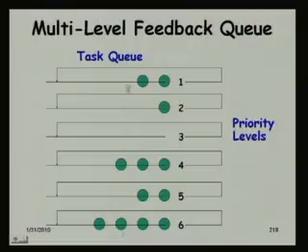So, in a multi-level feedback queue, what we have is we arrange the tasks in different queues in their priority order. So, 1 is the highest priority, 6 is the lowest priority. Now, when you insert a task, you just insert in the appropriate queue based on its priority, and when you select the task, you start looking from the highest priority.